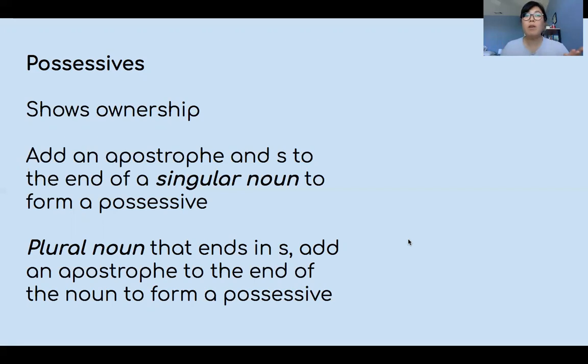In order for us to really understand this, we need to remember what is a singular noun and what is a plural noun. Now let's go back and rewind. What is a noun? Well, remember, noun is a person, place, or thing. We're going to go over singular noun and plural noun so you have a better understanding.